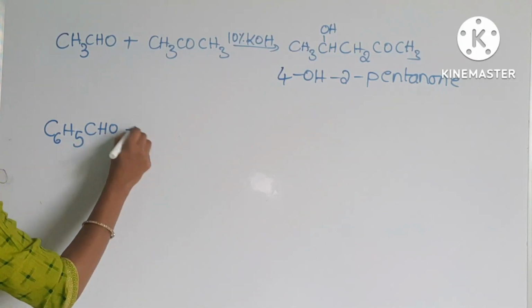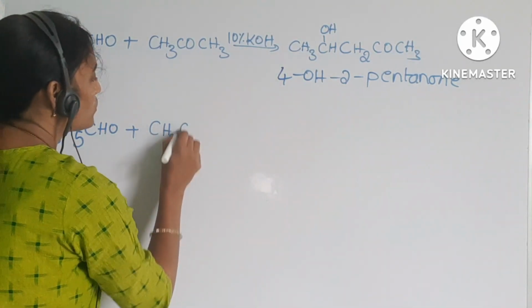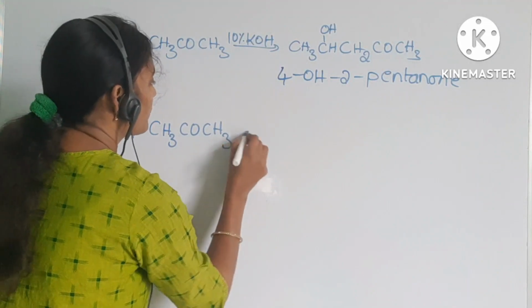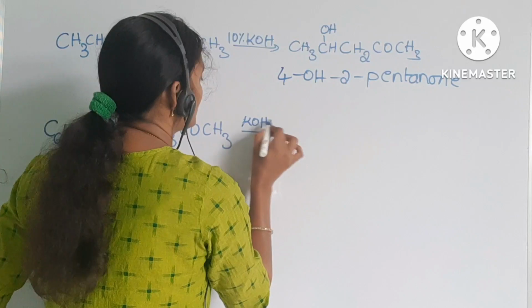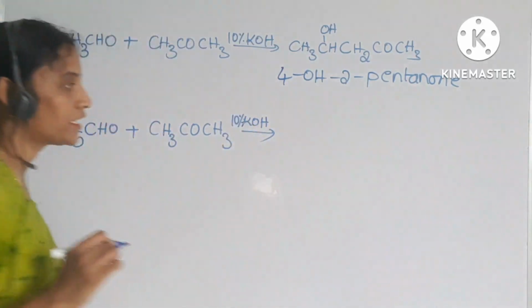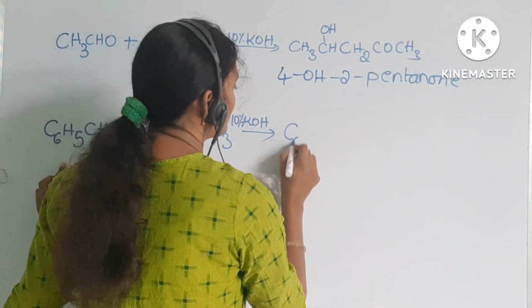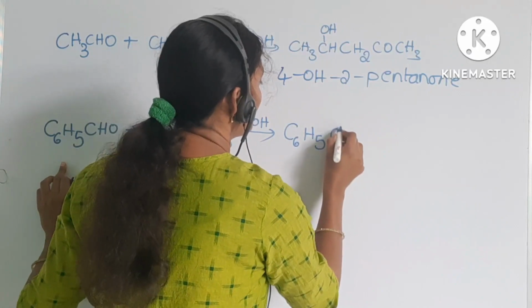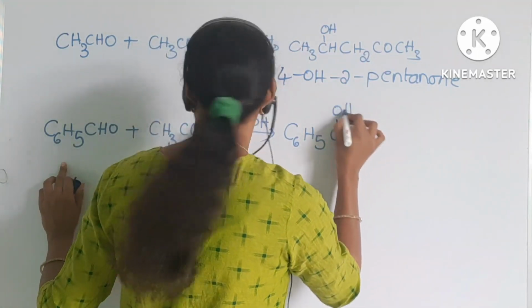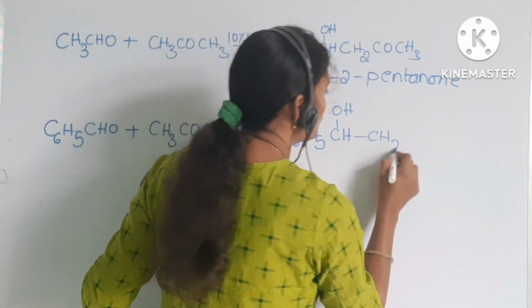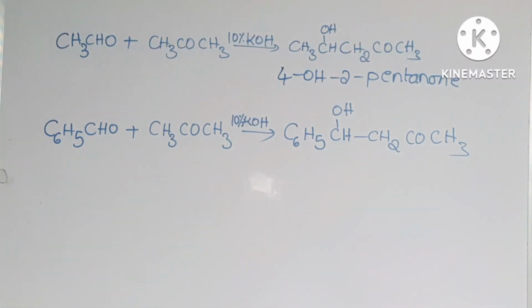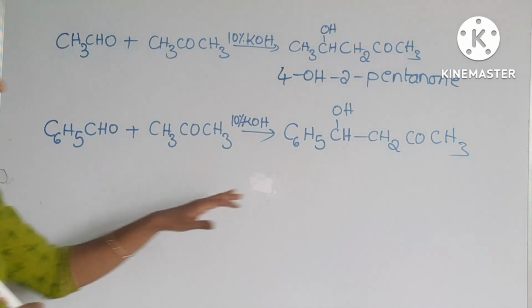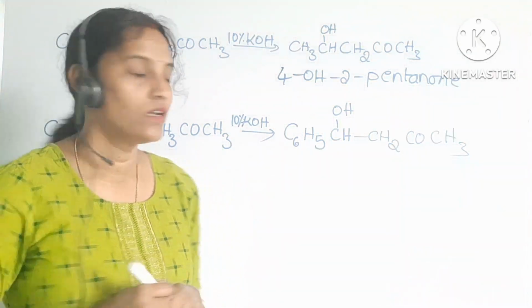C6H5CHO, this is the benzaldehyde reacting with acetone, KOH or NaOH 10%, gives C6H5CHOH CH2COCH3. Here, see, this is the beta hydroxy ketone.